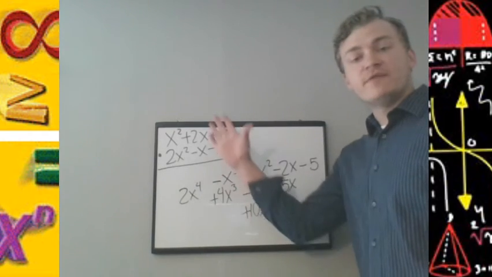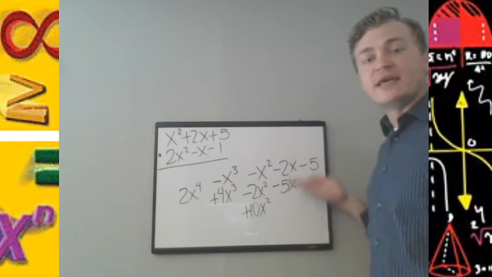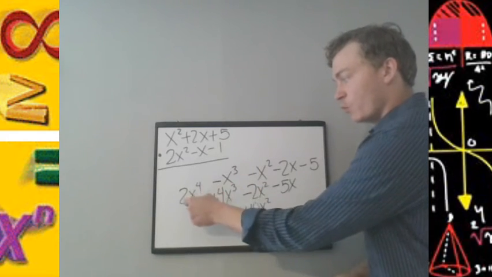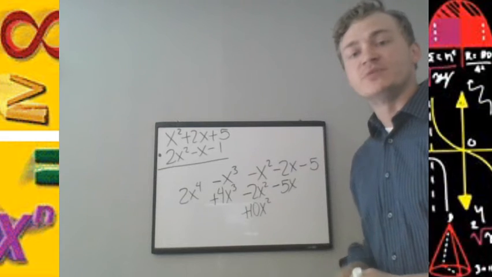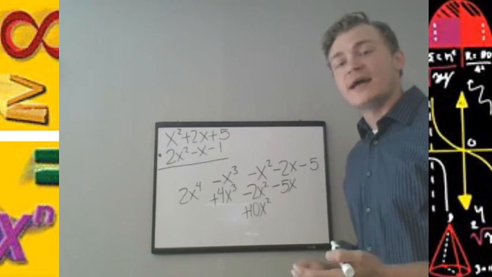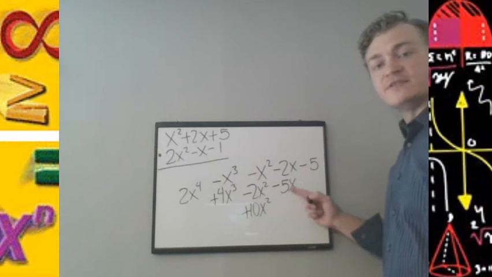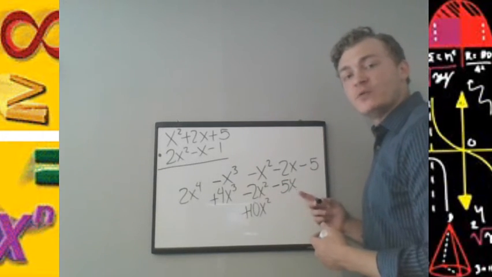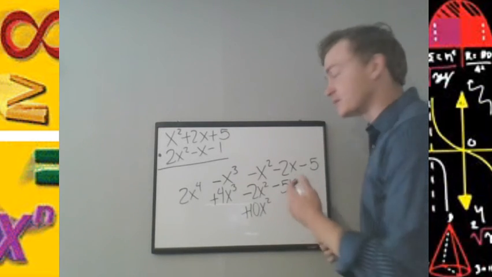Notice here, for all of this product, these three terms multiply these three terms, give us 9 terms. 1, 2, 3, 4, 5, 6, 7, 8, 9 terms, for which we will combine the like terms. Minus 2x combined with minus 5x. How many x's do we have? Minus 2 and minus 5 combined to give us minus 7x.